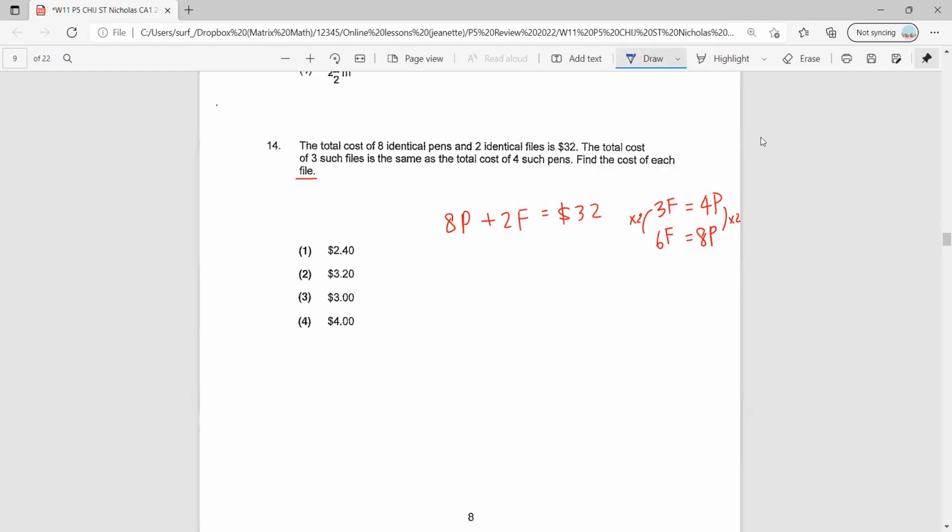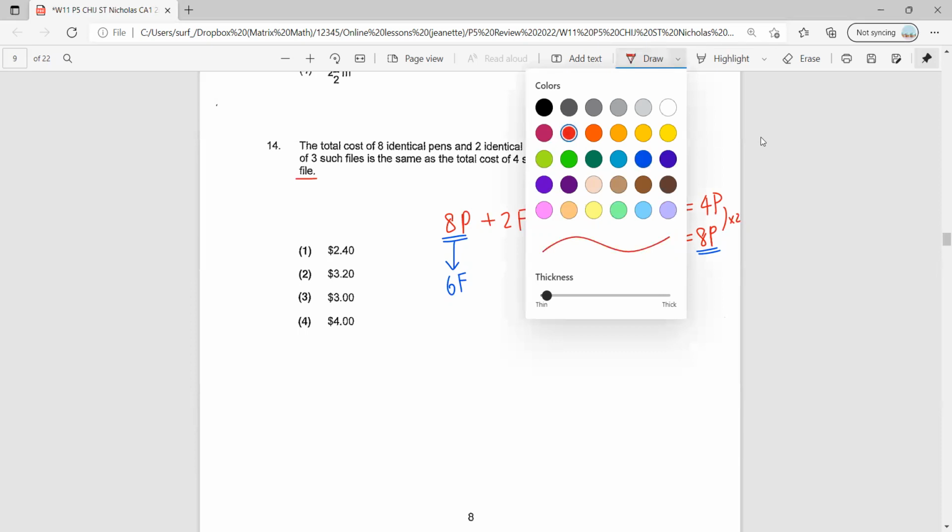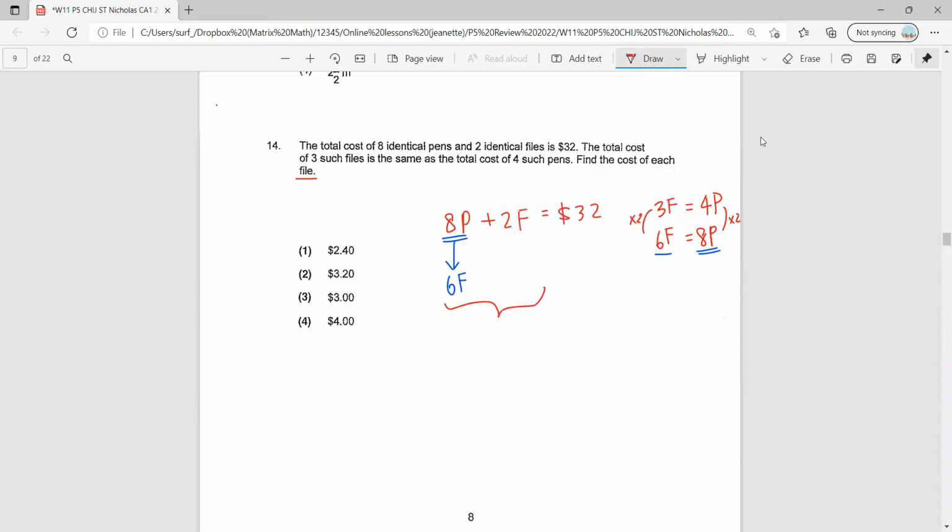Now if you have 8 pens, convert it to 6 files. So what do you have here? You have 8 files, which is $32. One file, we want to find the cost of each file. $4. So it's this one.